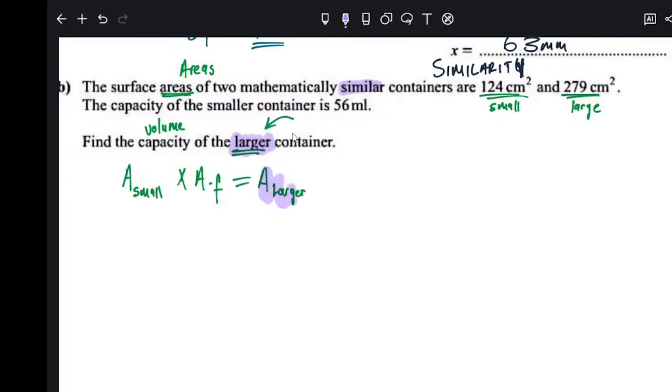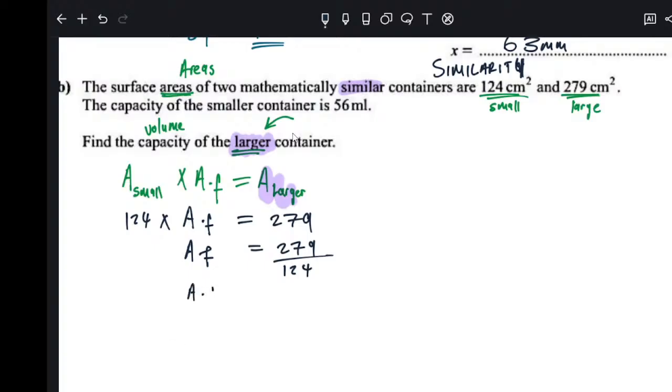Don't change. So now what you're going to say is, what is the area of the small one? 124. 124 times, do I have the area factor? No, I say AF is equal to, do I know the area of the larger one? Is 279. Then now I'll say area factor is going to be 279 divided by 124.